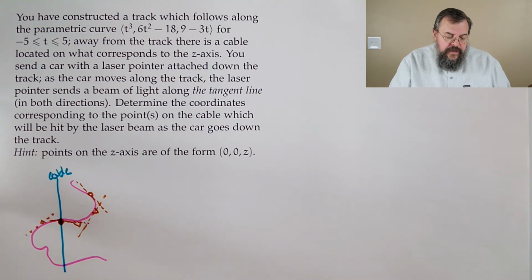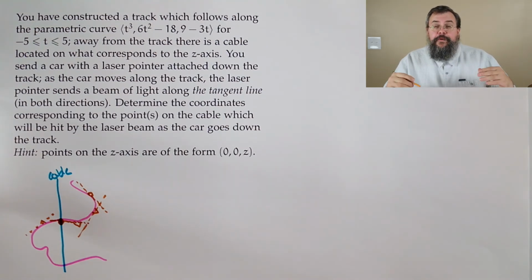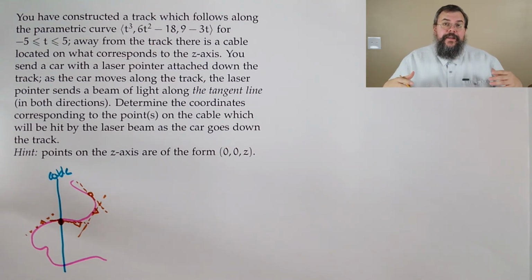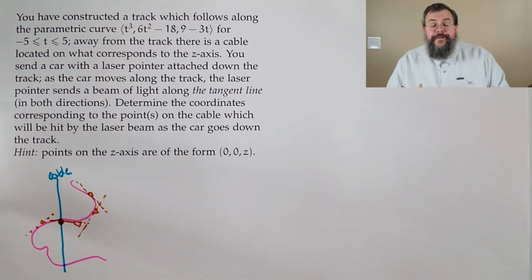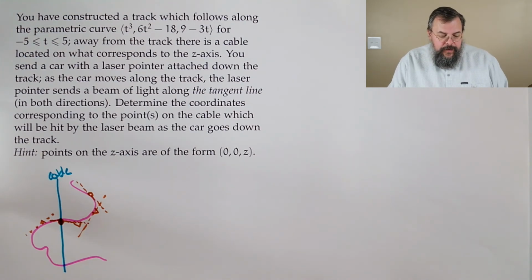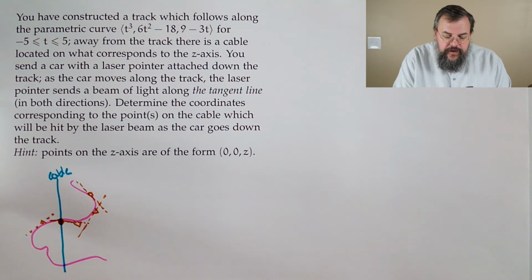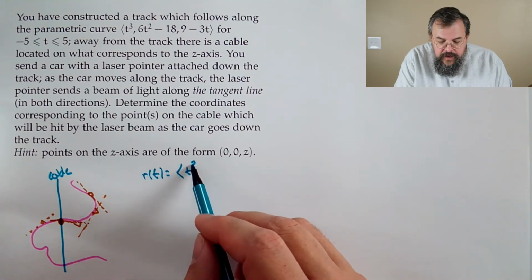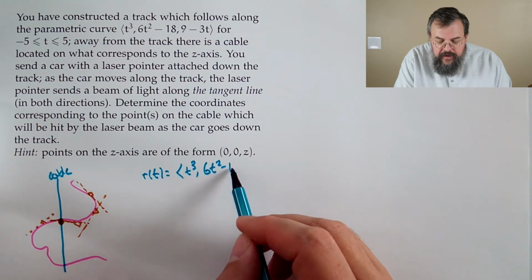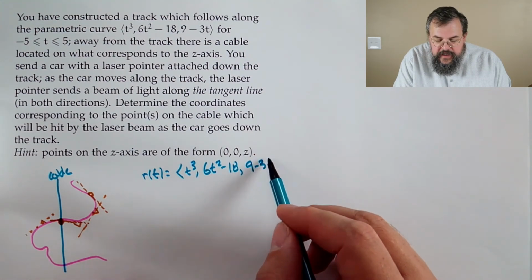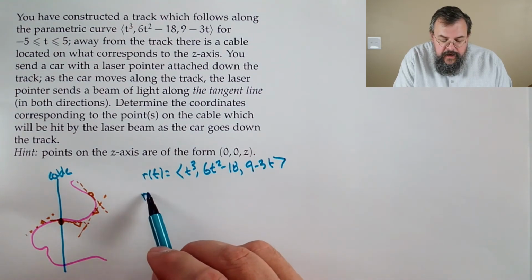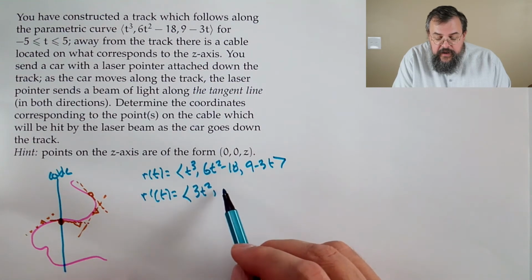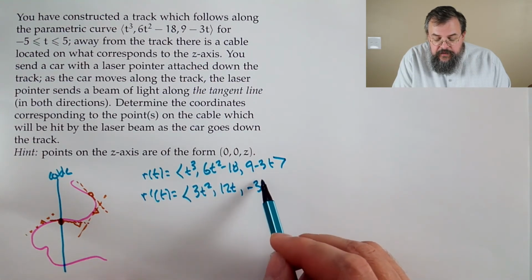Well, let's think about our process. Our process is, let's list all of our tangent lines. And then we'll figure out which ones are nice. So we have our curve that's given to us. R of t is t cubed, 6t squared minus 18, and 9 minus 3t. R prime of t, okay, take our derivatives: 3t squared, 12t, negative 3.